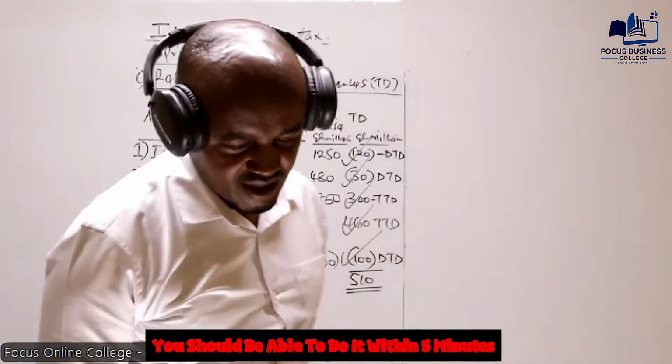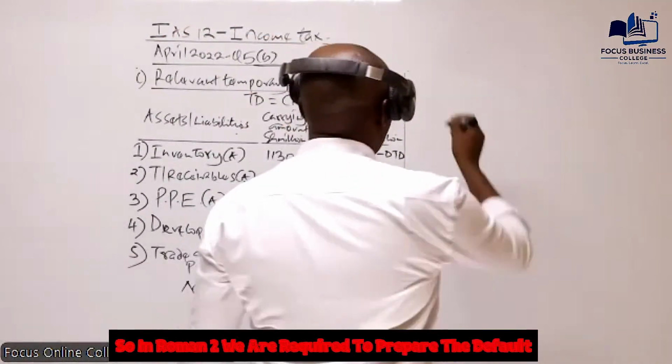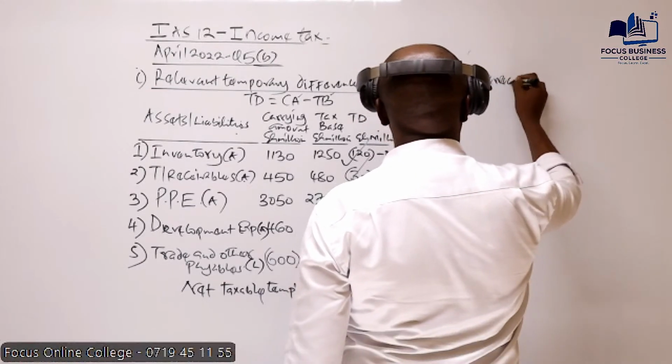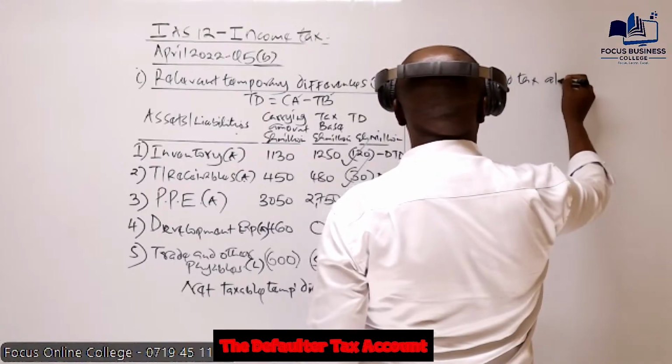You should be able to do it within 5 minutes. So in Roman 2, we are required to prepare the deferred tax account.